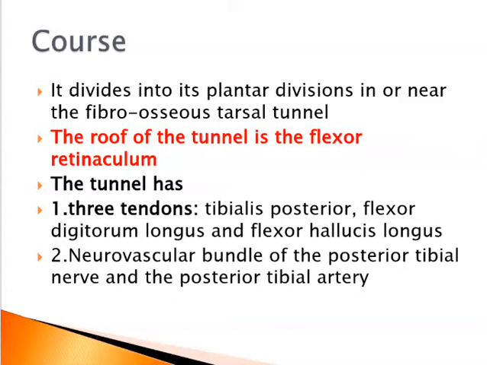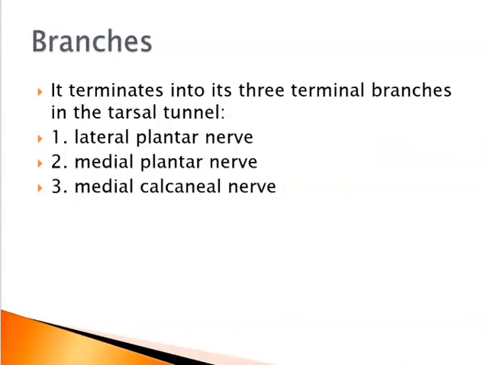And the neurovascular bundle includes the tibial nerve and the posterior tibial artery. Branches. This terminates into three terminal branches in the tarsal tunnel, and the branches are lateral plantar nerve, medial plantar nerve, and medial calcaneal nerve.